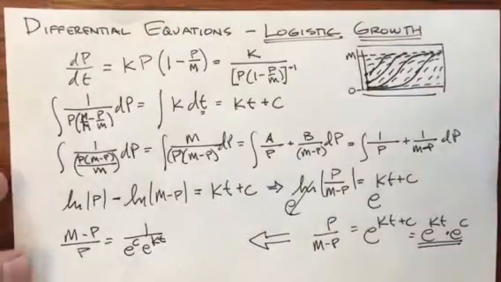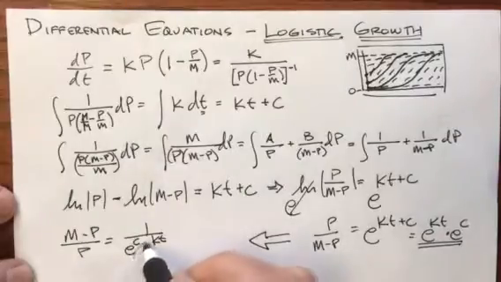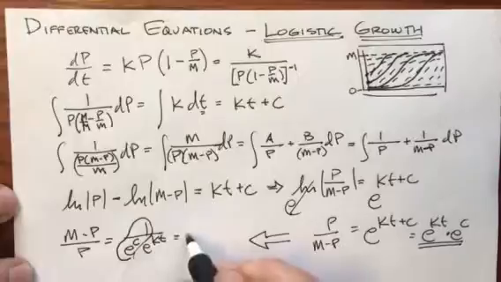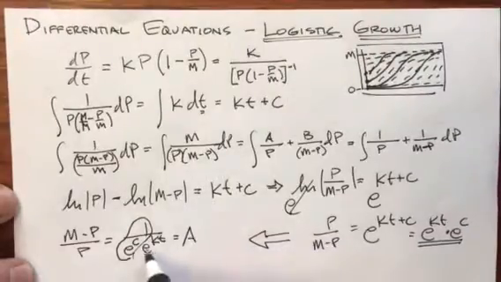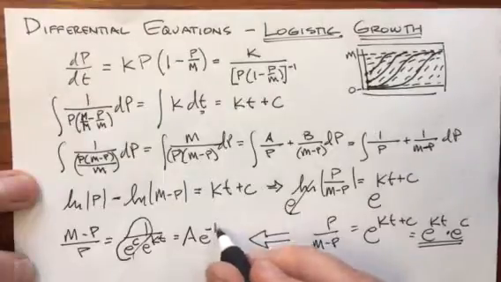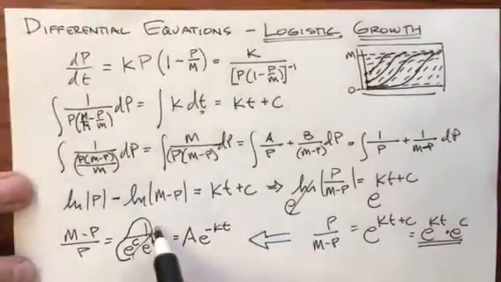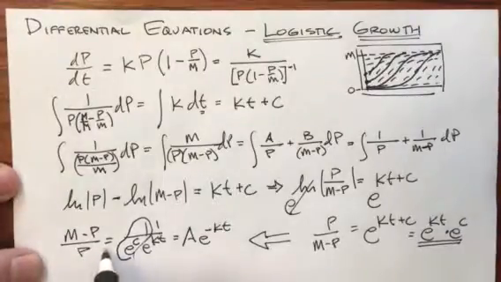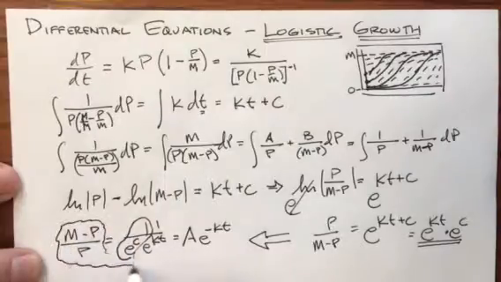Well, if I separate this, this e to the c is just a constant. So I'm going to write that as a, and then this is now in the denominator. I guess I could have done this earlier, but that's going to be minus kt, because it's 1 over e to the positive kt. Okay, well, this gives us a very handy equation that we should write down.